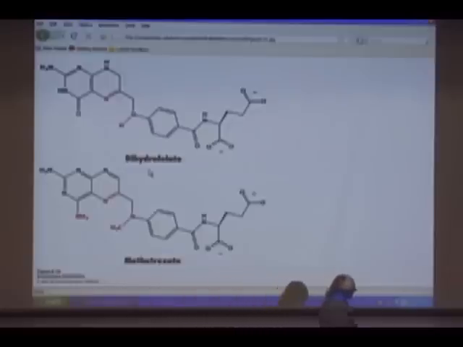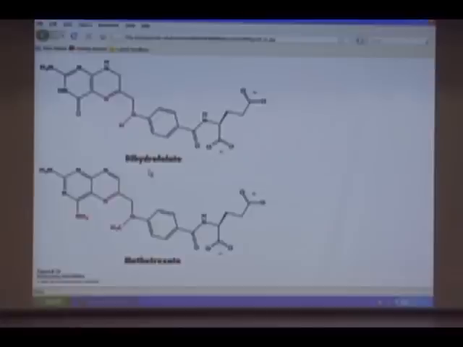Now, if I am a cancer cell and I've got methotrexate, I am not going to be able to be a cancer cell anymore. I'm going to die. Okay? Very, very useful thing. Now, this type of inhibition I've been describing to you is called competitive inhibition. What you have are things that are competing for the active site of the enzyme. And the reason that they're competing is that they have the same basic structure.